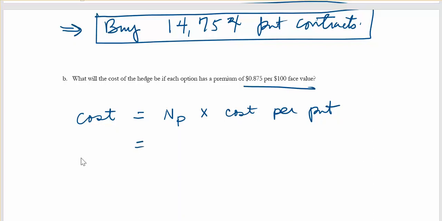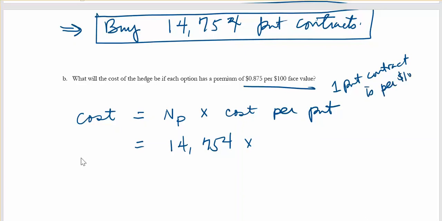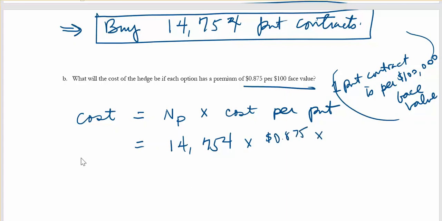Now remember, the put contract, one put contract is per $100,000 face value or par value. So we have to multiply this 0.875 per 100 by 1,000.